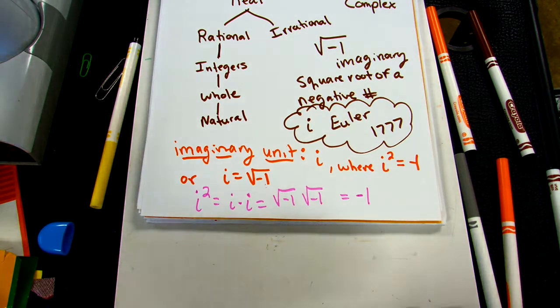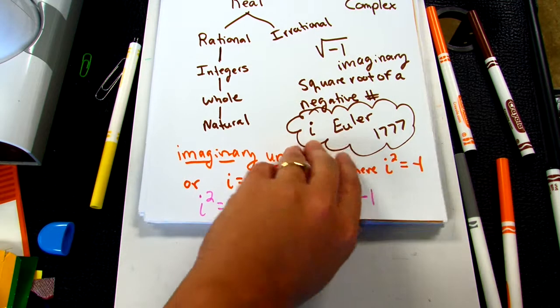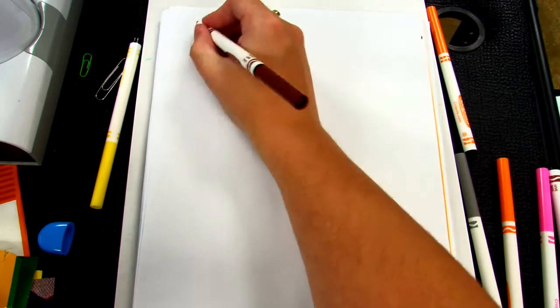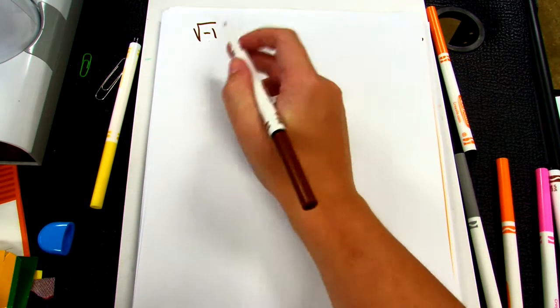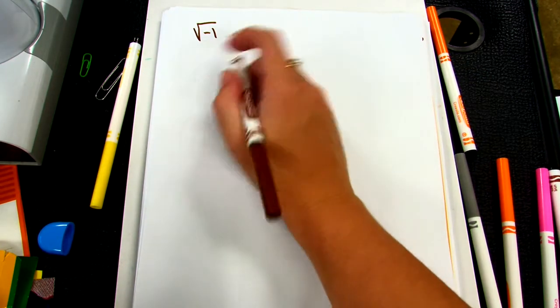All right, so let's go ahead and move on. Now that we have this i that we use, it's important to know that from now on, in order for things to be simplified, we can no longer have a negative in a radical. If we have a negative in the radical, then we need to rewrite it with an i. For example, the square root of -1 is not a simplified answer.